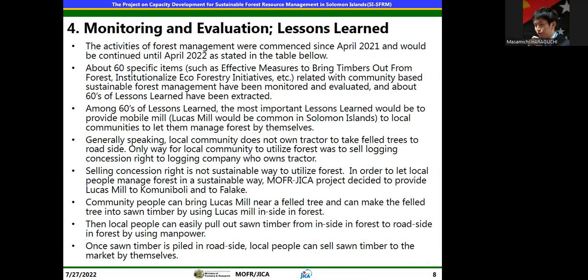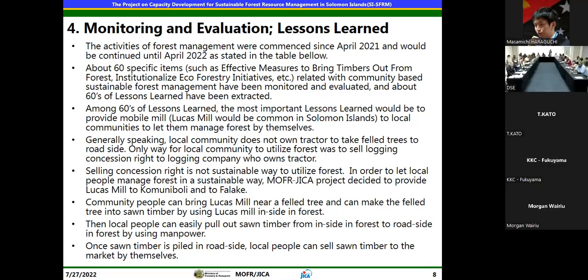About 60 specific items, such as effective measures to bring timbers out from forests, institutionalized eco-forestry initiatives, related with community-based sustainable forest management, were monitored and evaluated, and about 60 lessons learned have been extracted.